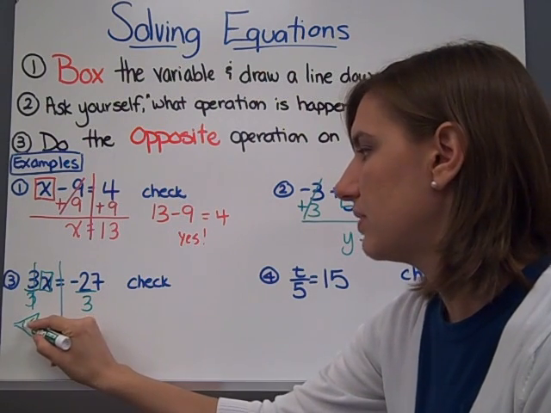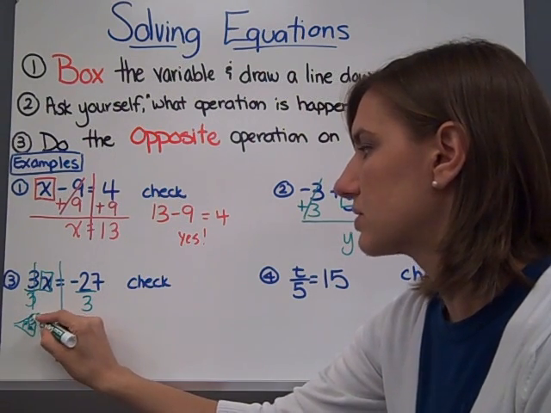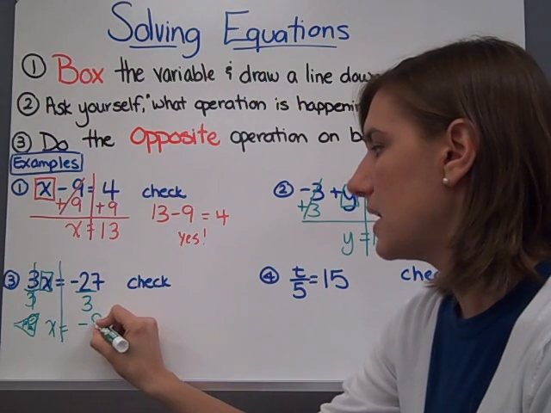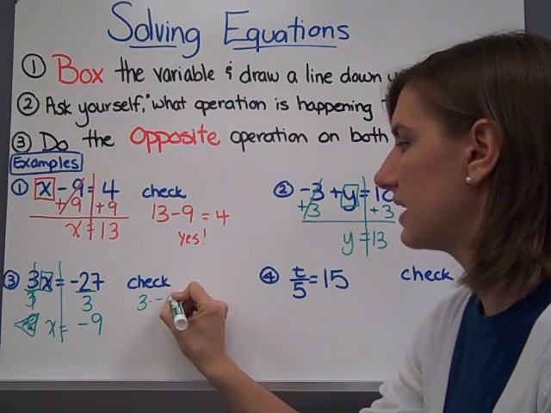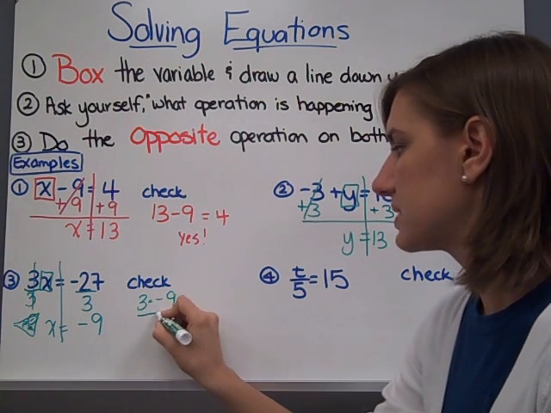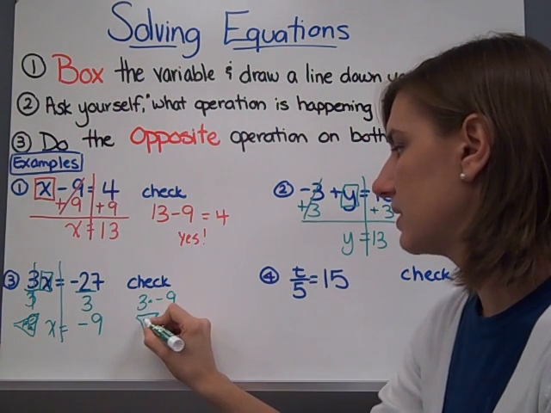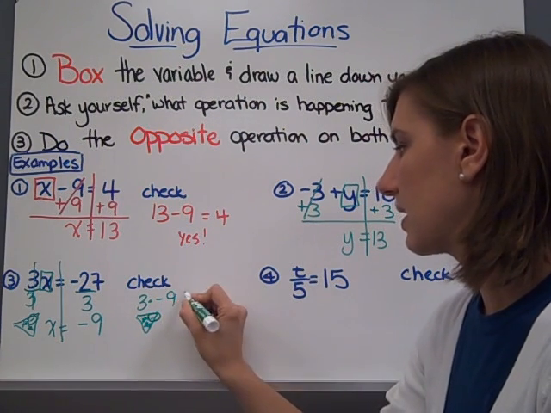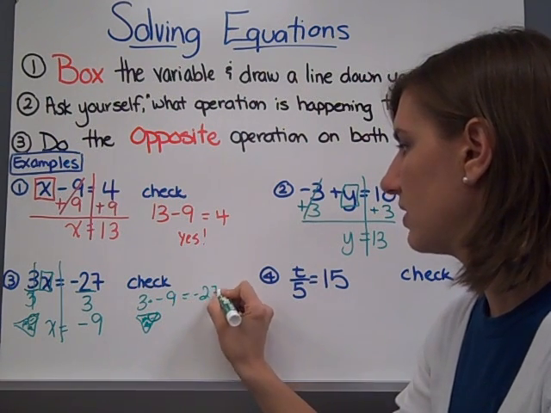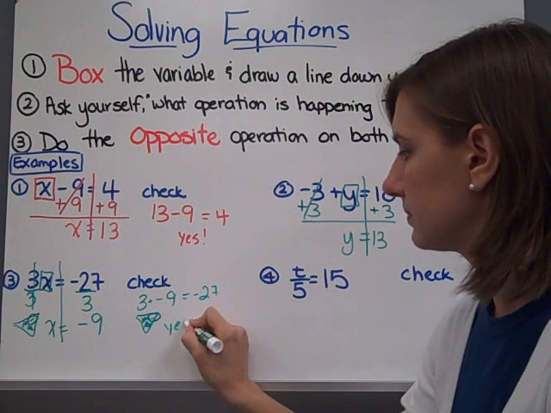So I have a negative and a positive, so it's going to come out to be negative 9. To check my work, I'm going to do 3 times negative 9. Once again, I need to use my sleeping dog. So positive 3, negative 9, come up with negative 27, which is what I wanted.